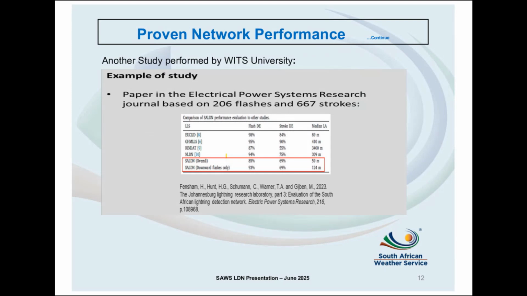The second study that was also performed indicated the cross-referencing between different networks, to be able to tell us where the South African Weather Service network was standing at this point in time. And as you can see, there is quite good performance from the network.